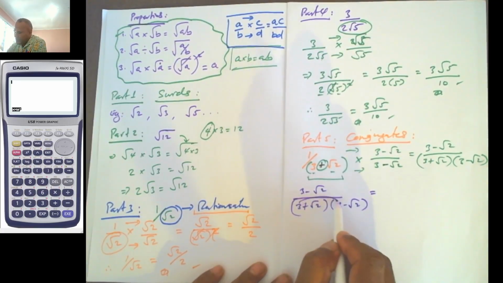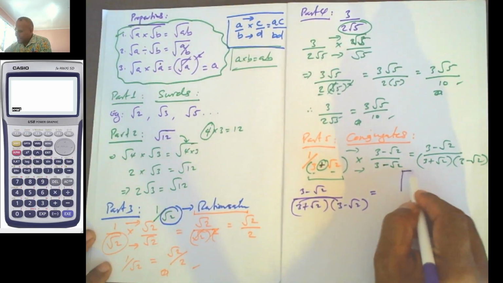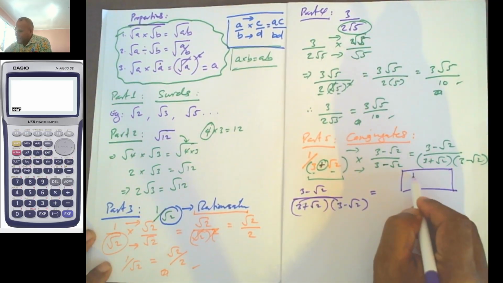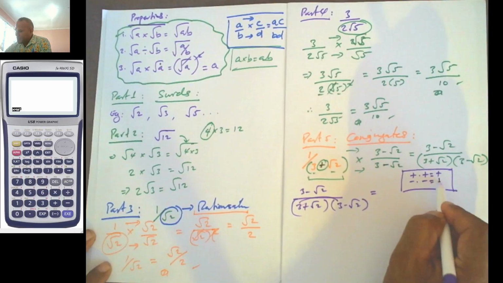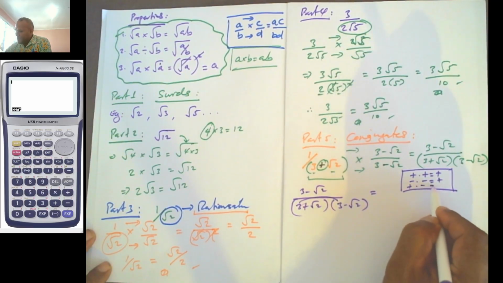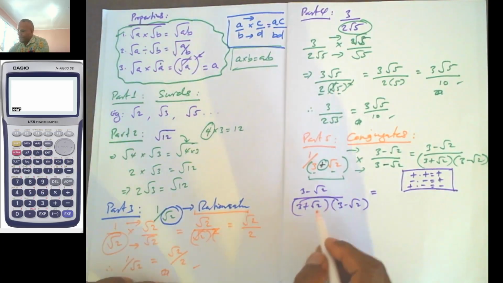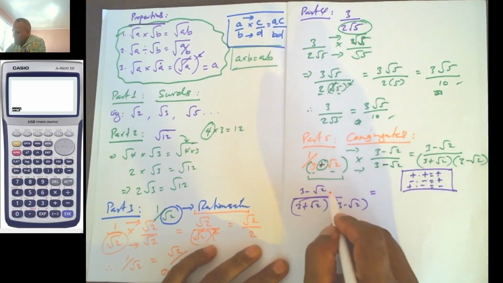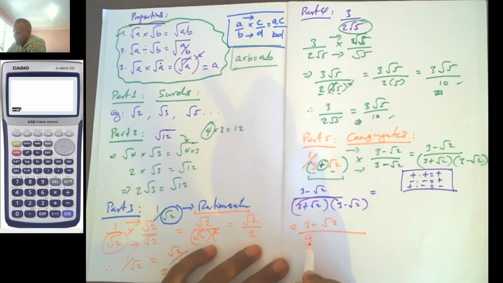Whenever we open the bracket, we'll obey the signs. Positive times positive is positive. Negative times a negative is positive. The difference is when I multiply the two: positive times a negative will give me a negative. So let's open it. This is 3 minus square root of 2 over 3 times 3 is 9.